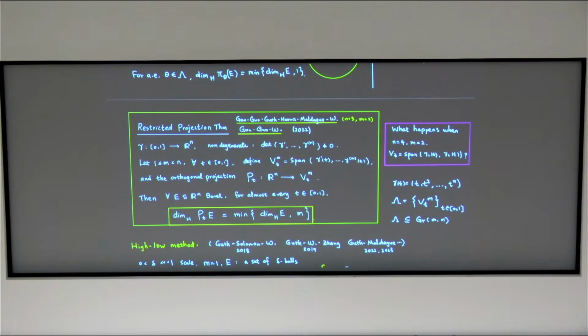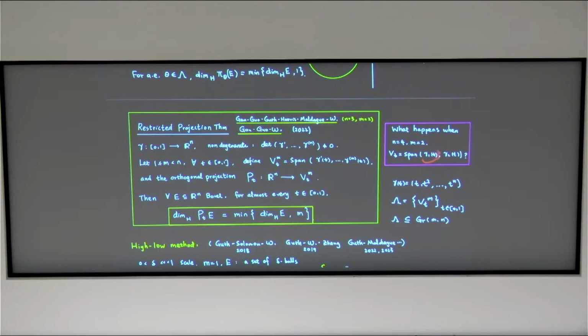Although this theorem is too restricted, in the sense that it requires the subspace to be spanned by consecutive derivatives of some non-degenerate curve. But the kind of curve in the Grassmannian could be way more arbitrary than this. For example, one could ask what happens if we don't take consecutive derivatives.